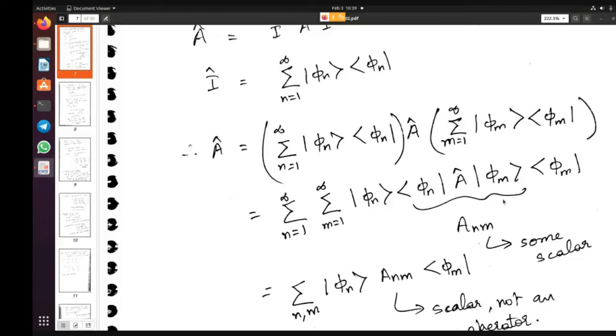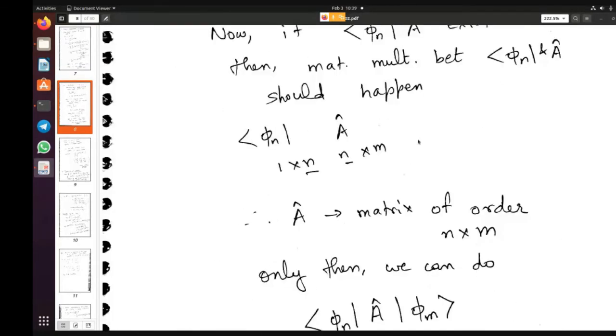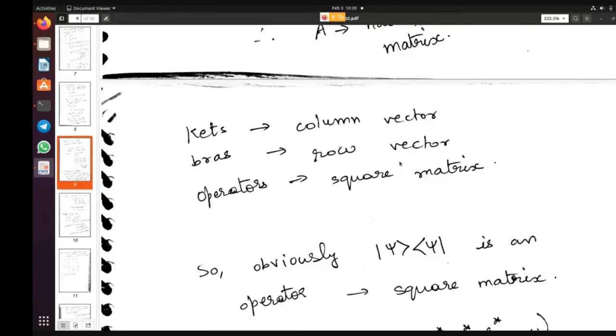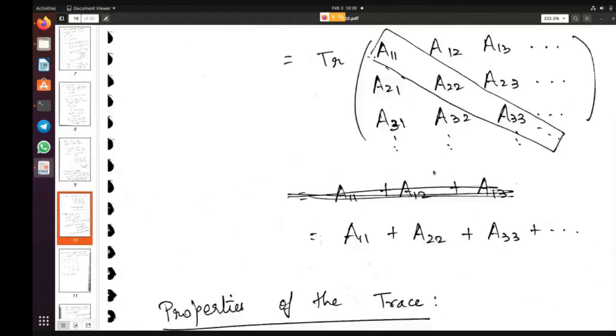But if some matrix is given, then you can always convert it into this form. We'll do one or two problems, hopefully tomorrow, if not today, and then we'll see how it goes. Any other questions?